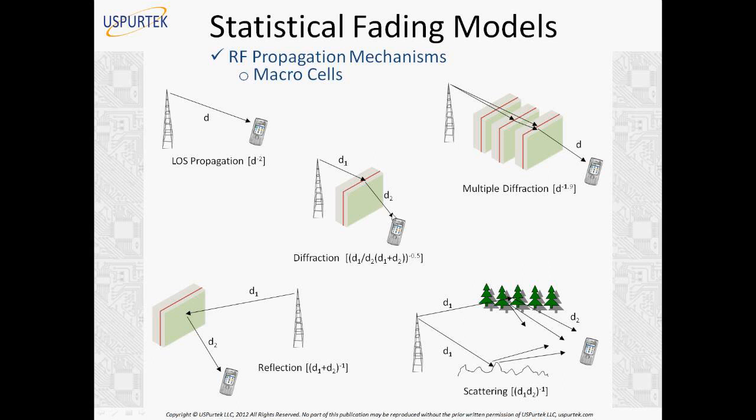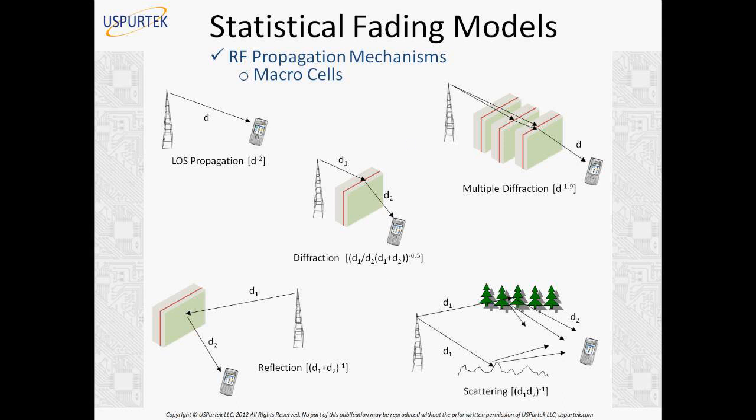Here, if there was no diffraction, you would have no signal, because you are in the shadow zone. The building is hiding the signal from you, but because of diffraction, you are receiving the signal. So the behavior is slightly different here. You are actually getting a diffraction gain.